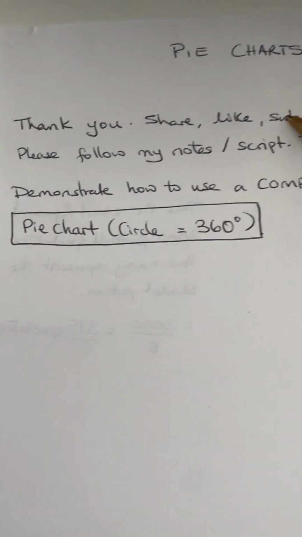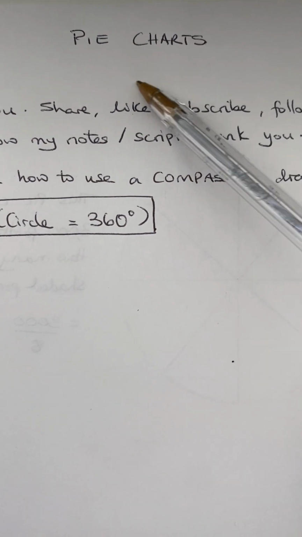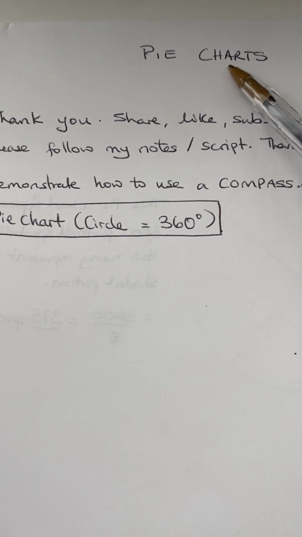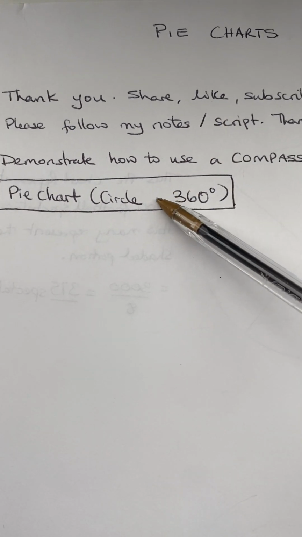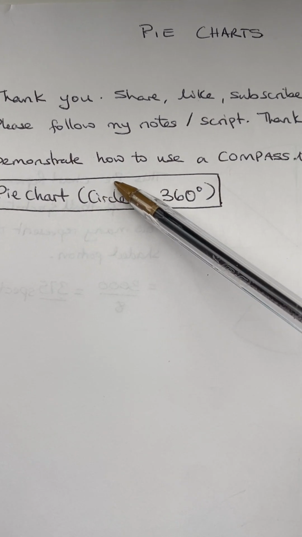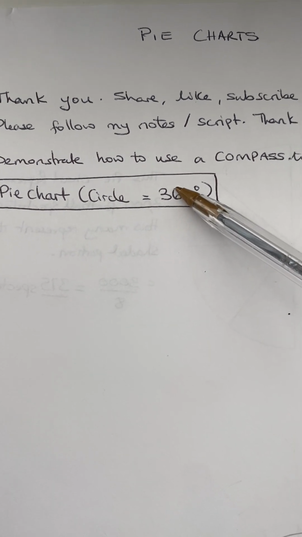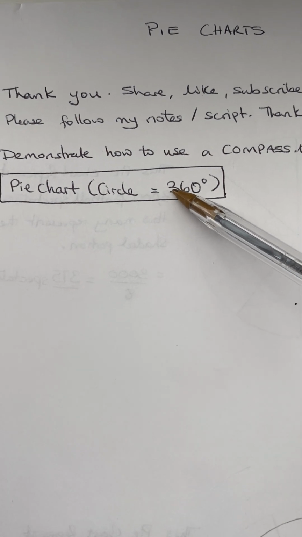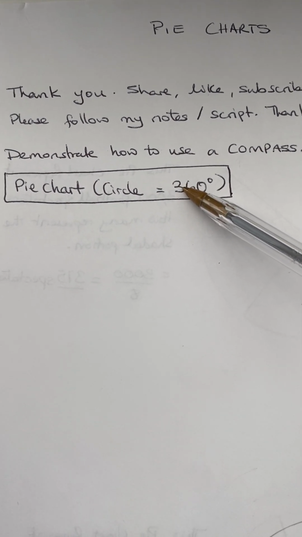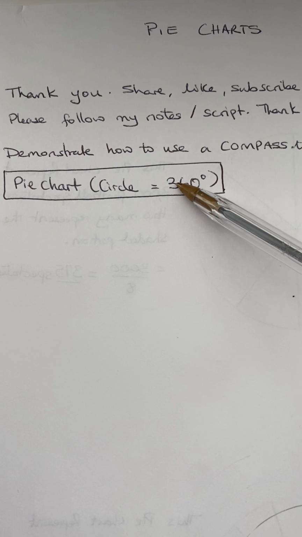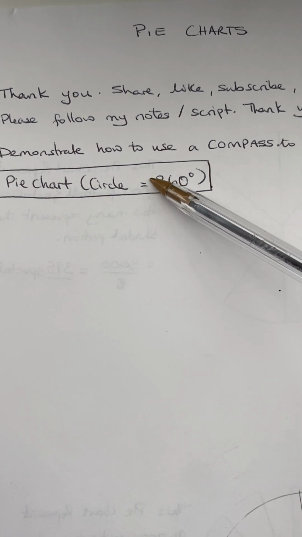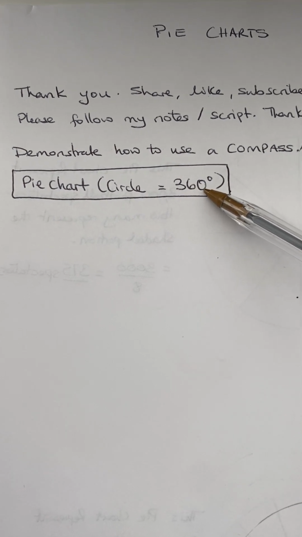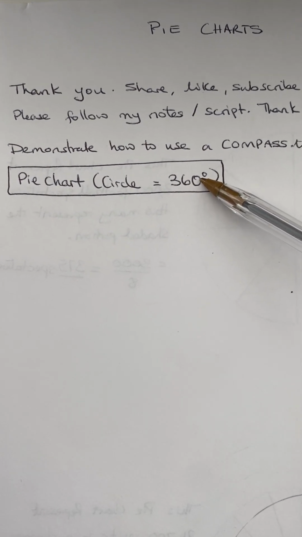I want to introduce you to pie charts. When you are doing pie charts, we use the concept of a circle. It's a circle that is divided into different portions. Now the angle in a circle is 360.